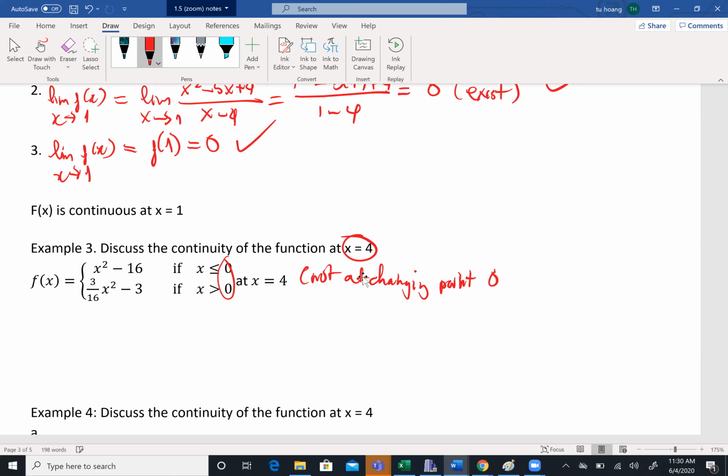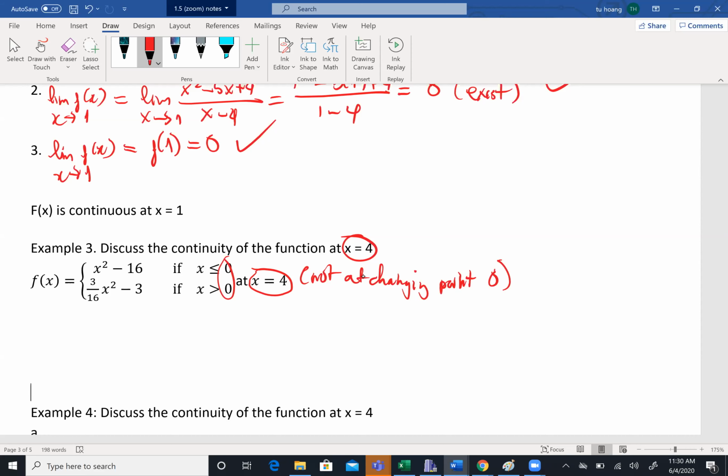So I don't really have to worry about this kind. Usually this has to be continuous, but if you want to check it, okay. Now let's see where x equal to 4, at which part of f of x you want to apply this x equal to 4.